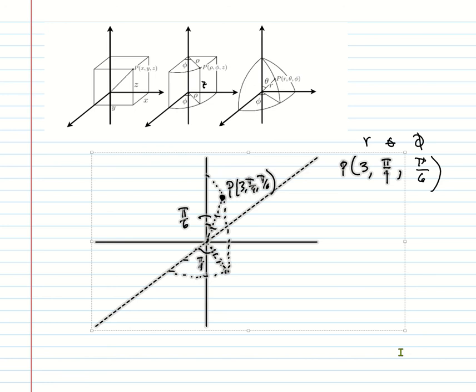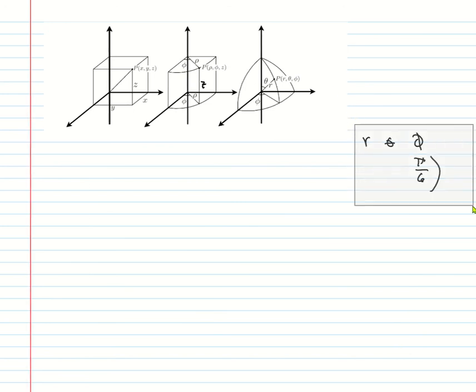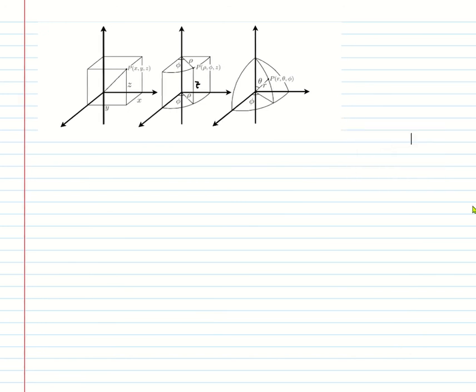Now, how do we convert coordinates from one form to the other? Let's first take a look at converting a rectangular coordinate into a cylindrical coordinate.